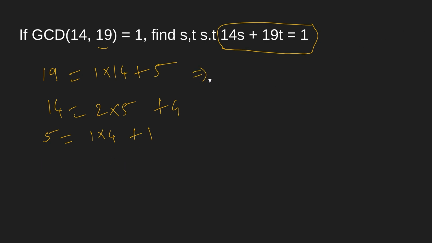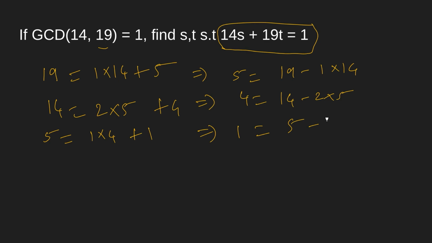But from this, we are going to rewrite these equations. We rewrite 5 as 19 minus 1 times 14, and 4 as 14 minus 2 times 5. In every step we are moving the remainder to the left-hand side. From this we get 1 is equal to 5 minus 1 times 4.